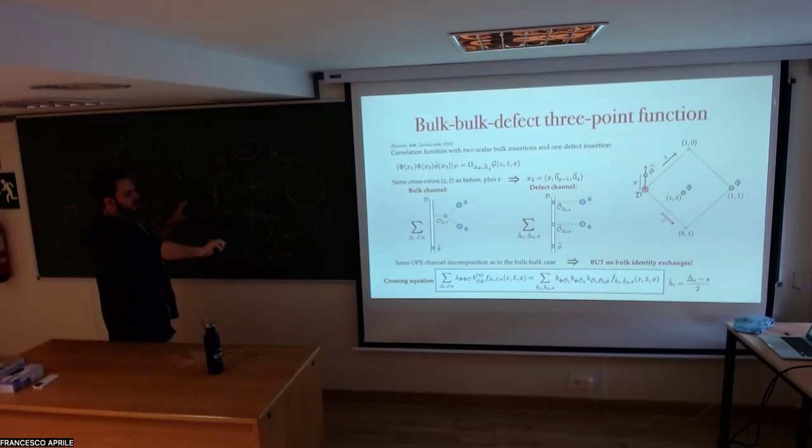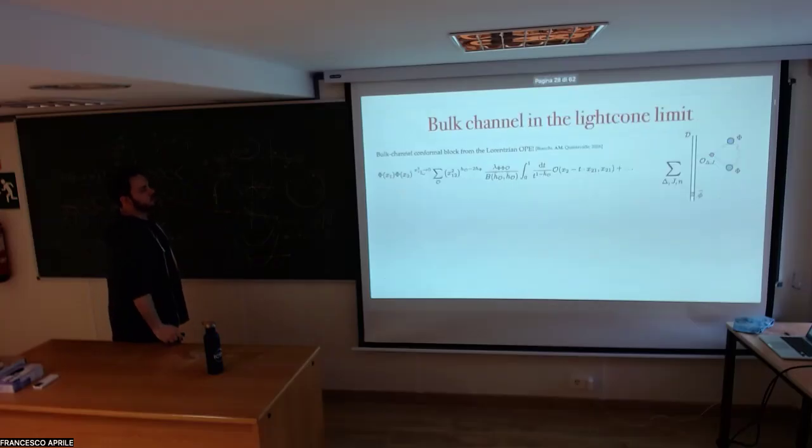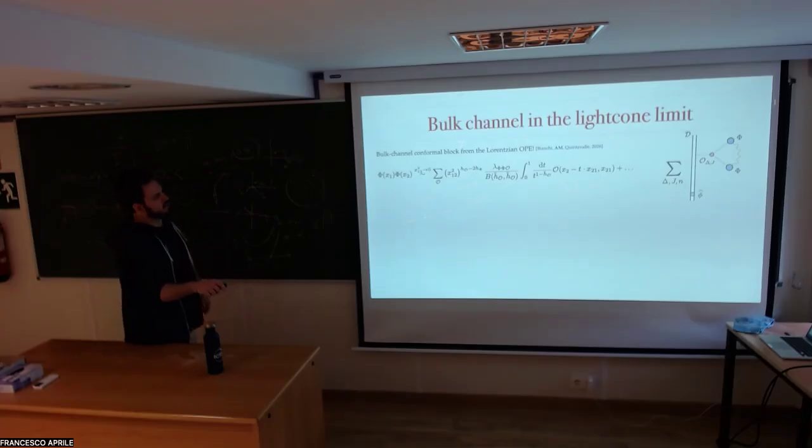So now this is a crossing equation, and we want to exploit the lightcone bootstrap techniques. To do so, we need to look at the limit of z bar equal to 1. For the bulk conformal blocks, in this case, they are not known. So one way to obtain the bulk conformal blocks in the lightcone limit was to use the Lorentzian OPE integral formula inside the correlator, which is just this integral.